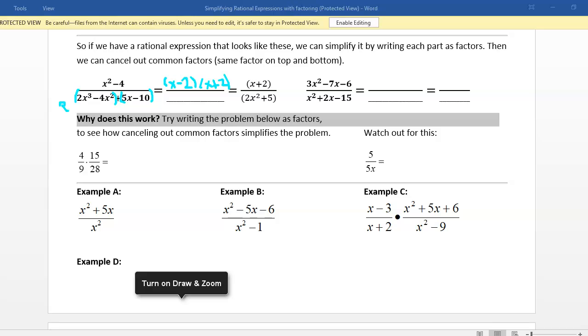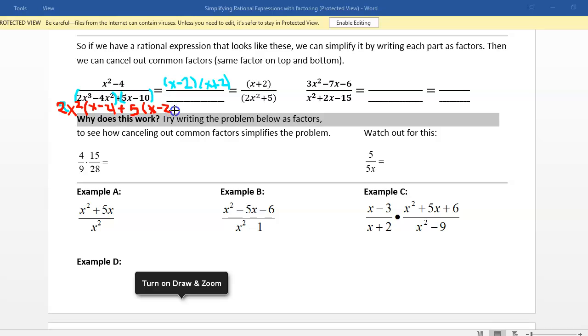Let's go for red. So it's 2x squared, and what would be left is x minus 2. From my second group, I could take out a 5, and what would be left is an x minus 2.